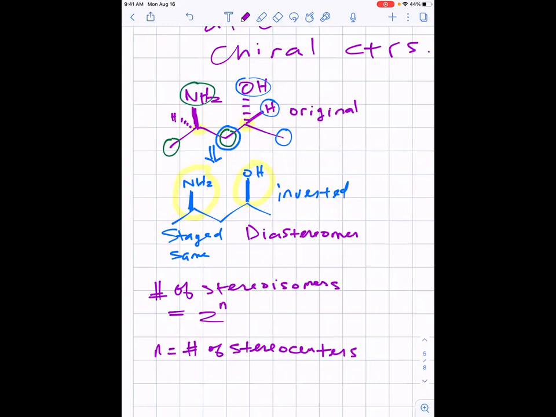Are y'all following that? If not, say something. Okay. So how many stereocenters did we say are present here? How many chiral centers in the original? There's 2, right? So for that molecule, if I do 2 to the n, there are 4 possible stereoisomers for this molecule.